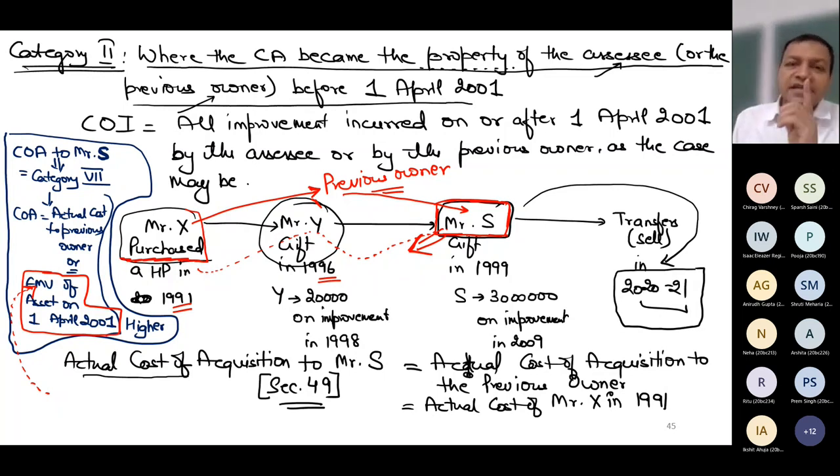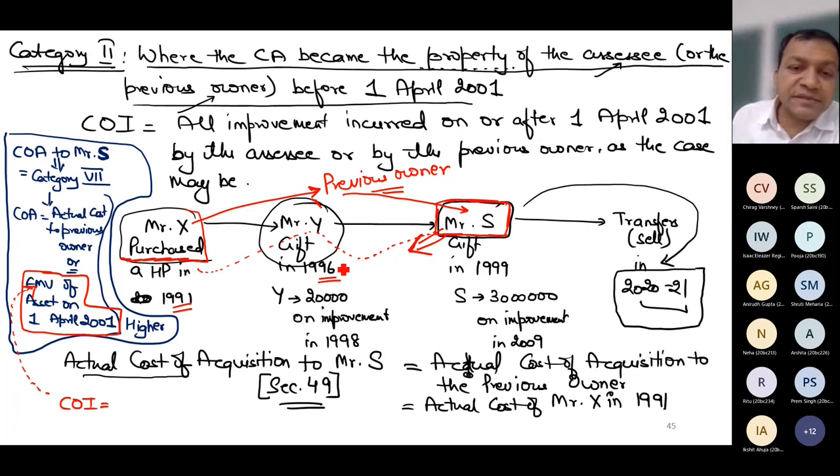That is why whenever asset became your property before 1st April 2001, always skip or always ignore the improvements incurred before 1st April 2001. On or after this date, any improvement will be taken into consideration. So in this case, my cost of improvement is that which is incurred on or after 1st April 2001.